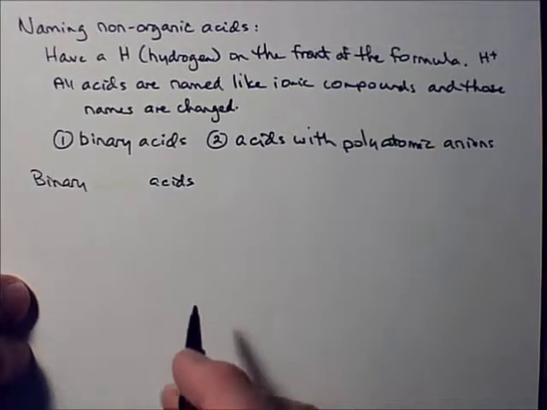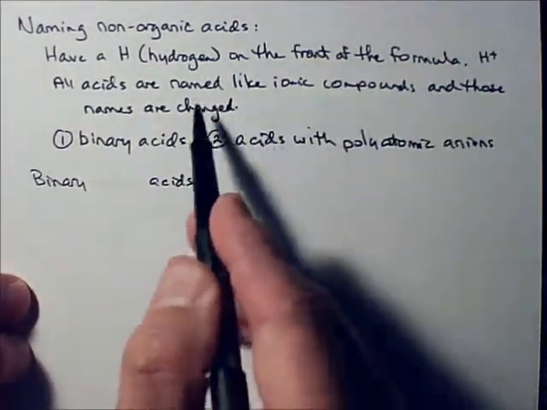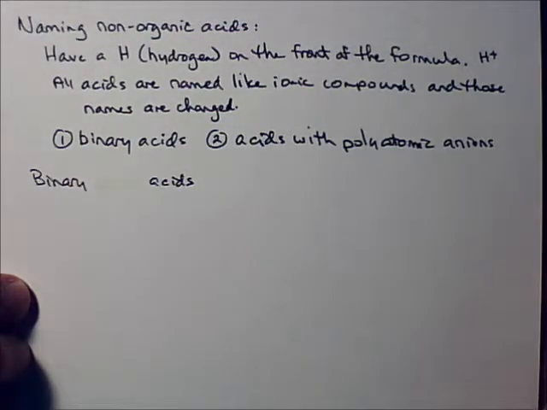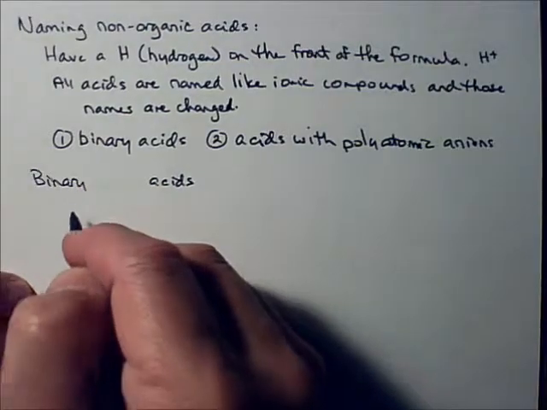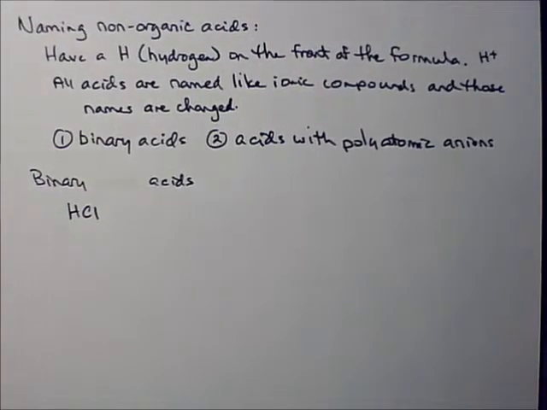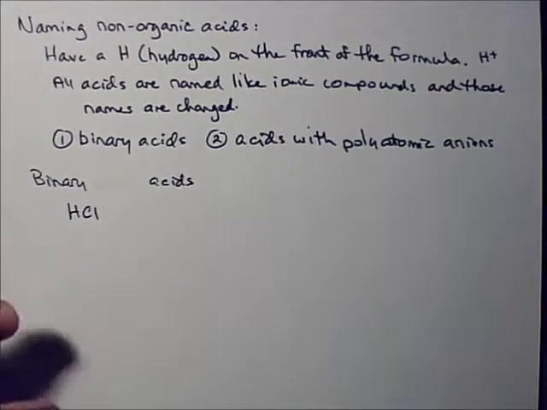All right, binary acids. We're going to first name it, as we said, as if it is an ionic compound. So let's pick a really simple acid, a very common acid, really. It's both simple and common. This one. So we're going to name it like an ionic compound first.